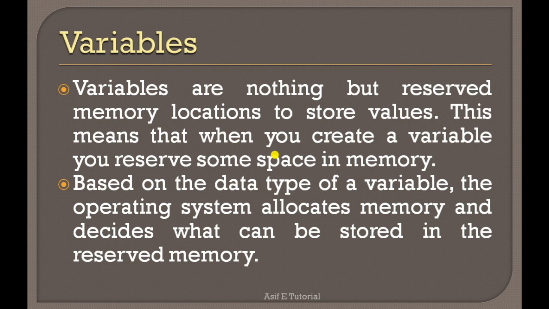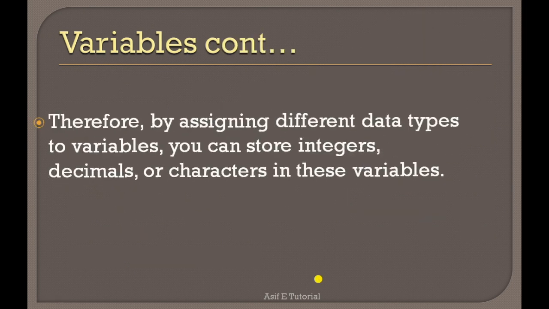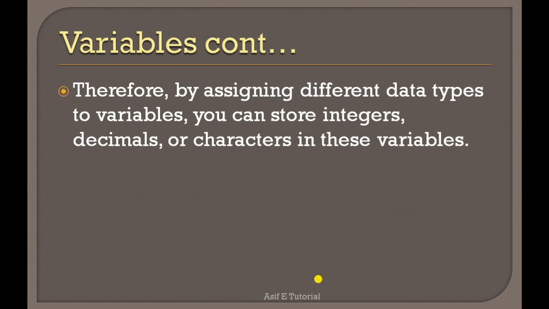The operating system allocates memory and decides what it can store based on the data type. So by assigning different data types to a variable, we can store integers, decimal numbers, characters, or boolean data types in the variables.